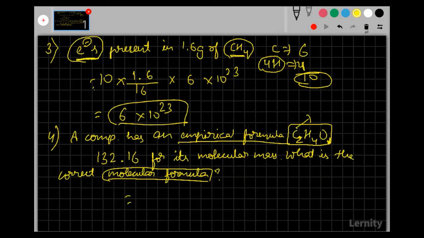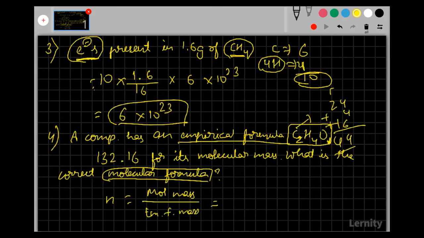If we consider the mass of this carbon, that will be 12 times 2, so it will be 24, and again plus 4. And finally you will also have this 16. So we have got it as 44. So we know that the n factor is given by molecular mass by empirical formula mass.